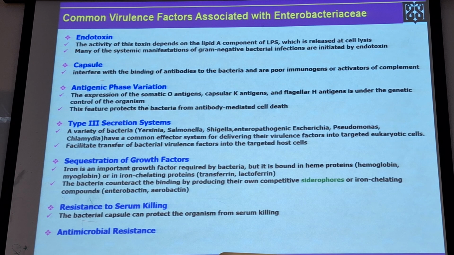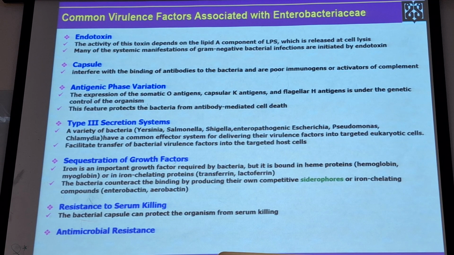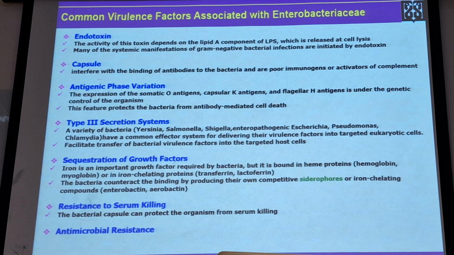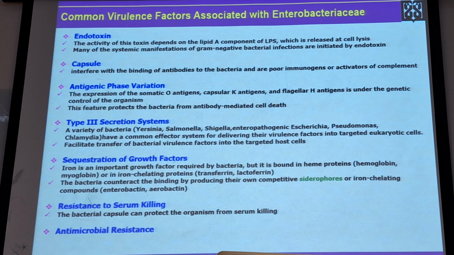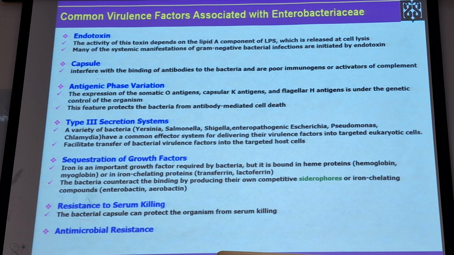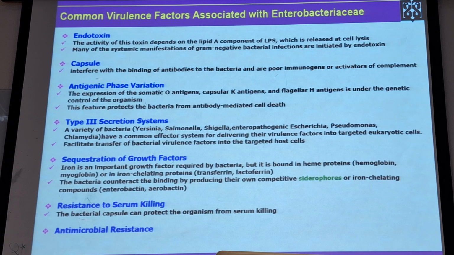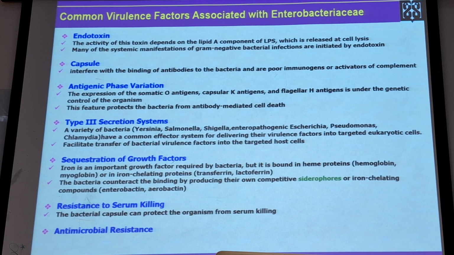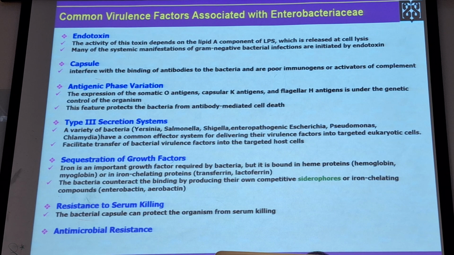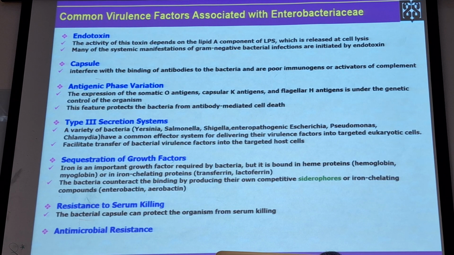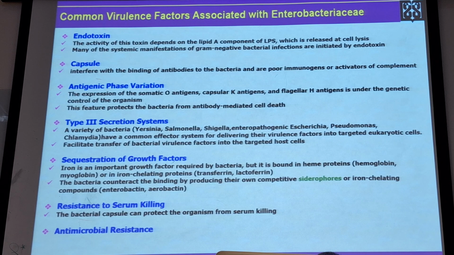Sequestration of growth factor. As you know, iron is an essential growth factor for bacteria, but it is found in heme proteins such as hemoglobin and myoglobin, or iron-chelating proteins such as transferrin and lactoferrin. Bacteria produce siderophores.